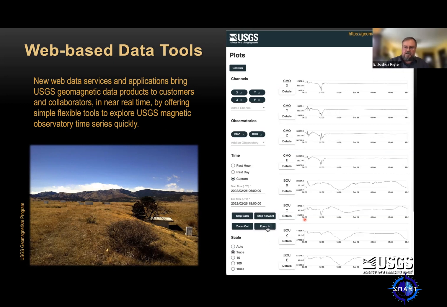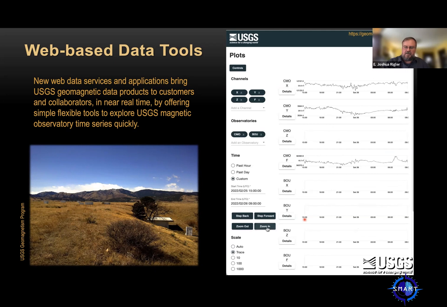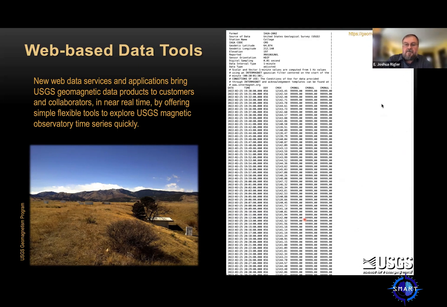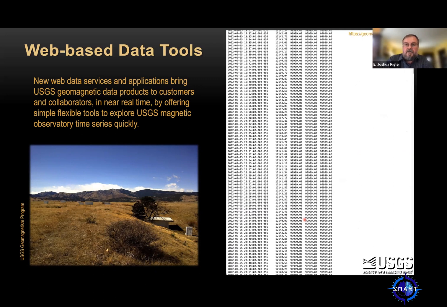So you really can access data through this tool. And maybe more to the point, you can click on this little details button and you can see metadata for the observations, and you can click on a link that'll pull up nicely formatted digital data that you might want to use in your own analysis. So that's it for that little demo.